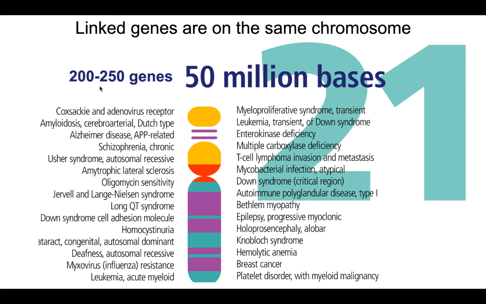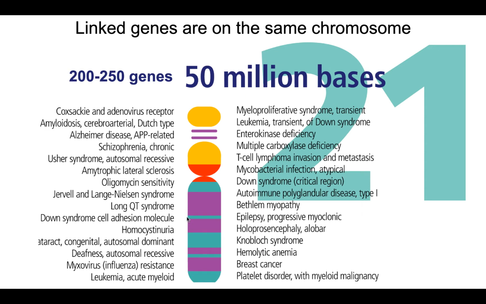Now, depending upon the allele of the various genes, these 200 to 250 genes, there are several diseases that are related to the various alleles of the genes on this chromosome. For example, we already know that trisomy 21, so if you have 3 copies of this chromosome, that's Down syndrome.